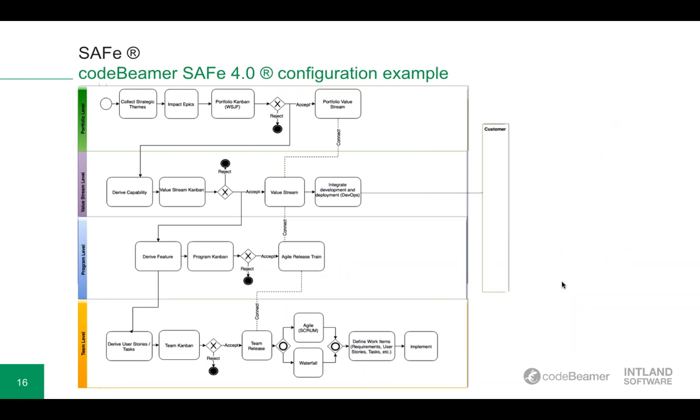For our pre-configured SAFe 4.0 template, I brought a BPMN process as well, and this configuration example describes, as you can see, 4 levels as well. So we have the portfolio level, the value stream level, the program level, and the team level. On the portfolio level, you can collect the strategic themes. They are linked to the financial perspective and they have an impact on the epics.